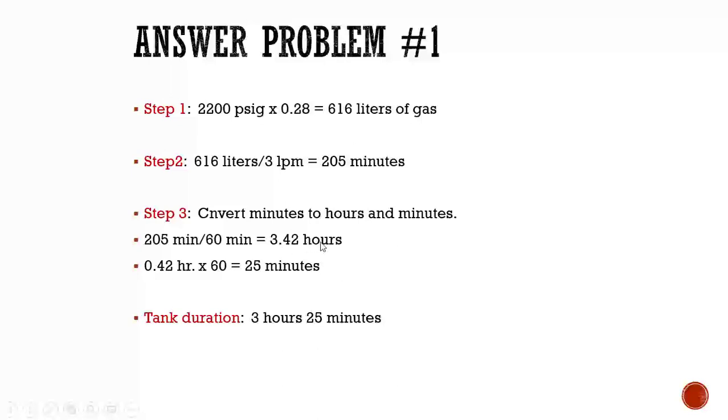It's 3.42 hours, okay? So you have to then take 0.42 times 60, right? Because this is 0.42 of an hour. So you multiply by 60, and that gives you 25 minutes. So the tank duration for this patient is going to be 3 hours and 25 minutes.